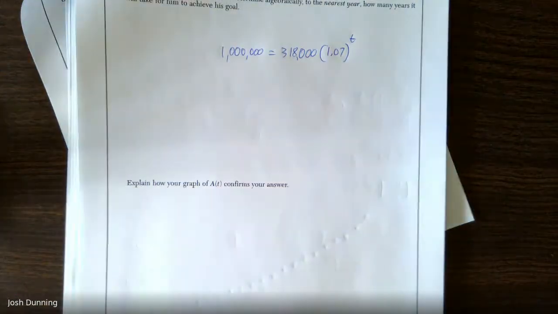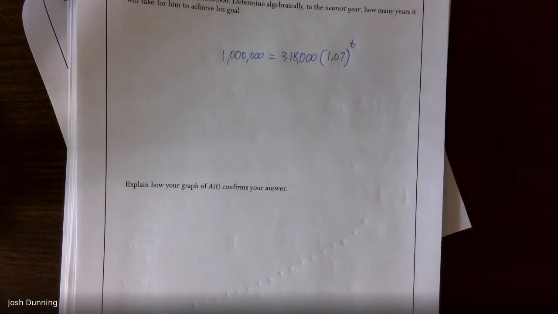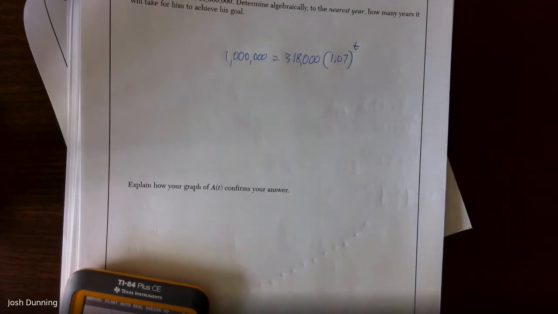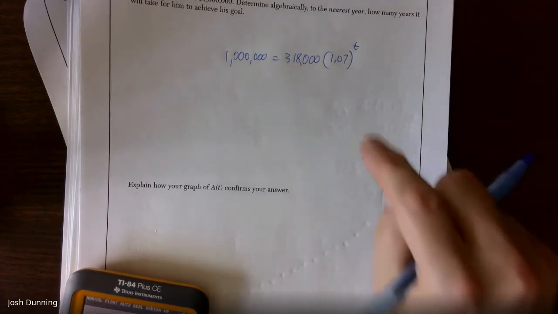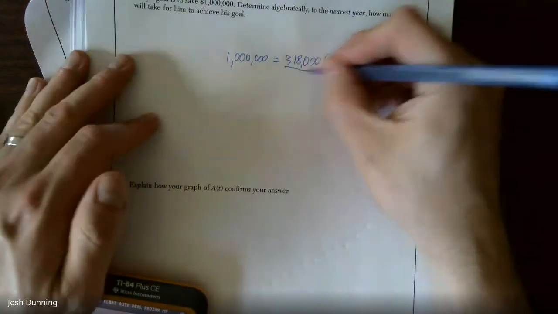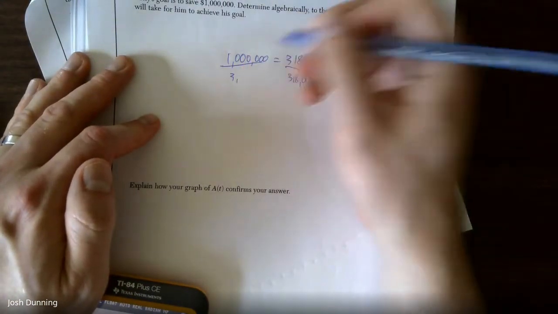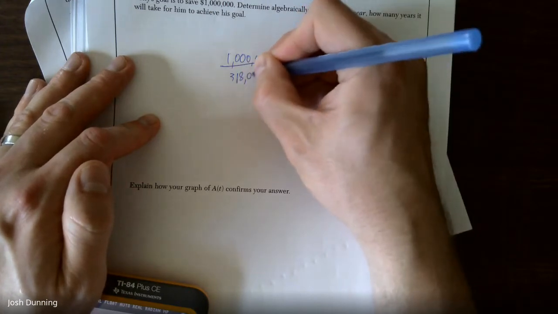Now, if you have to solve any exponential equations here on this Regents by taking a log, please, we've done so many of these. Don't forget the steps. Divide by 318,000. All you can have are the base and the exponent.